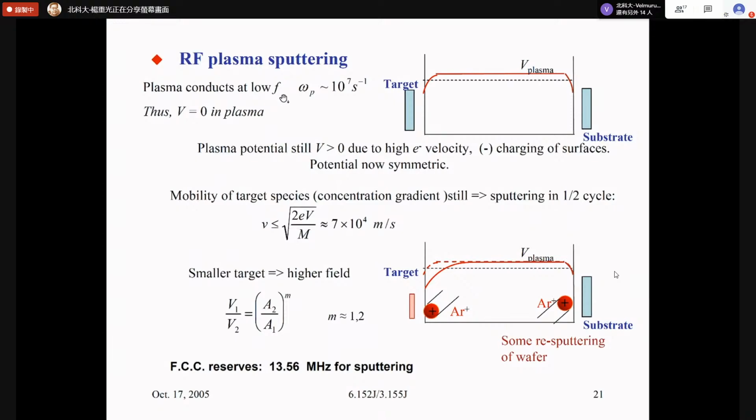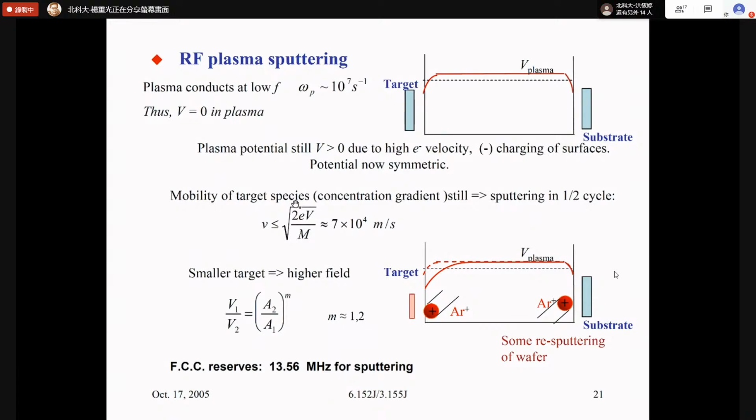So the plasma conducts at the low F. Okay. And V equal to 0 in the plasma. So plasma potential still, you see the plasma V is larger than 0 due to the high velocity of electron and charging on the surface.